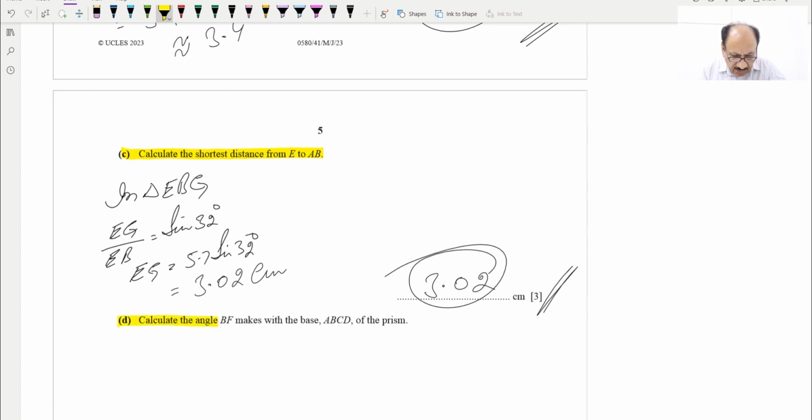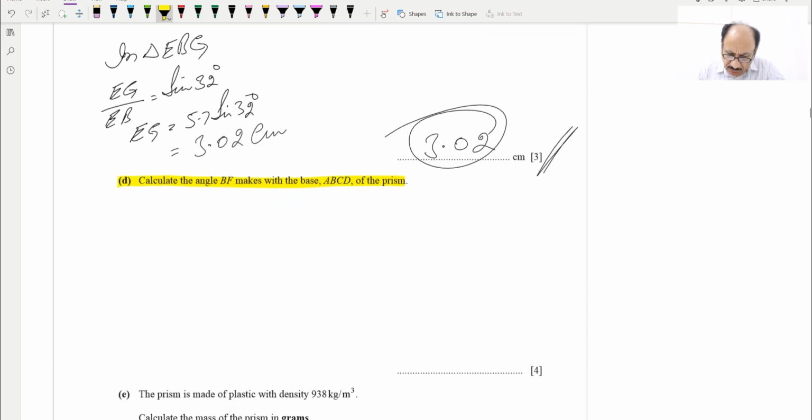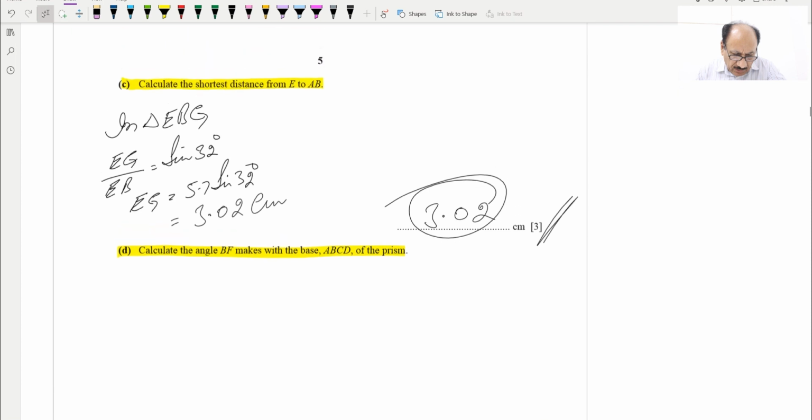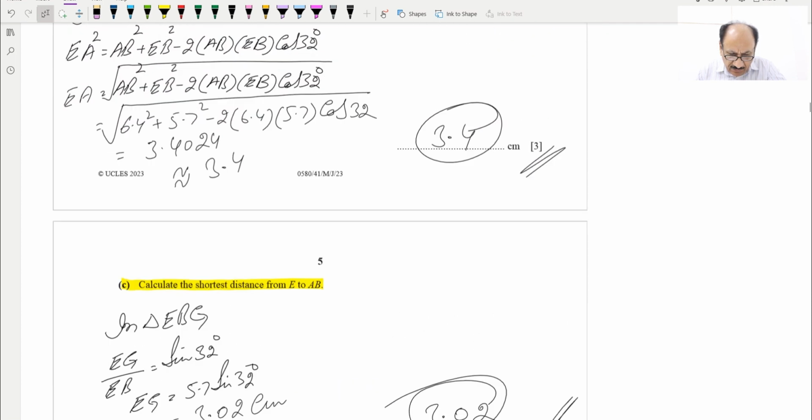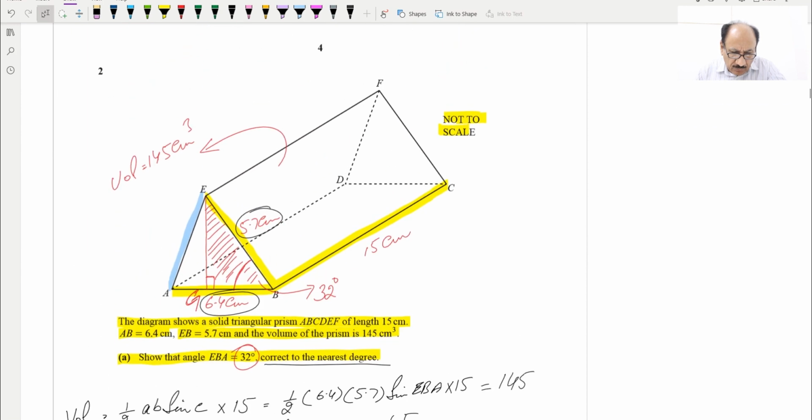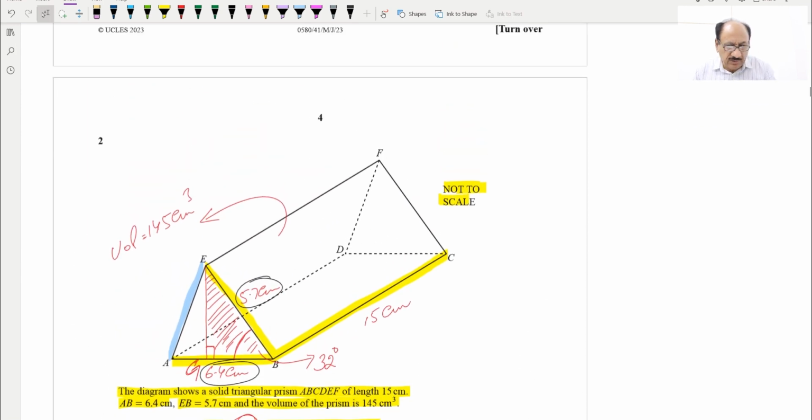Part D, calculate the angle BF makes with the base ABCD of the prism, and this is a 4 marks part. First we need to understand this BF, the angle BF makes with the base ABCD. Now we need to identify the angle.